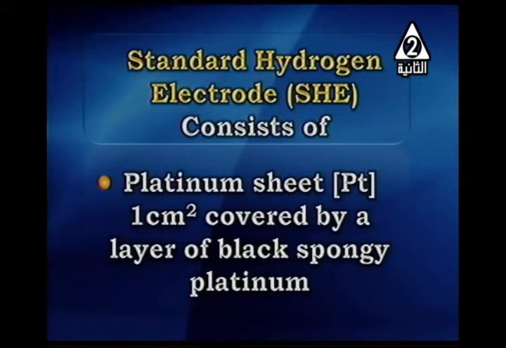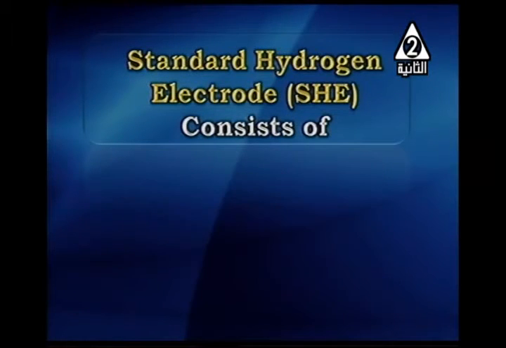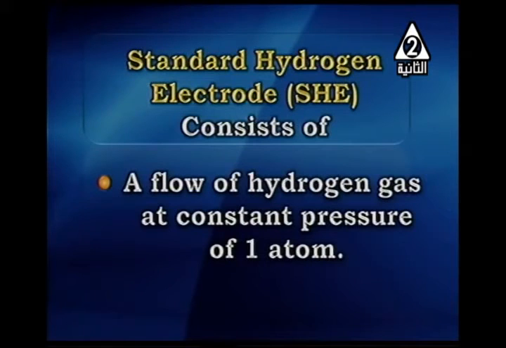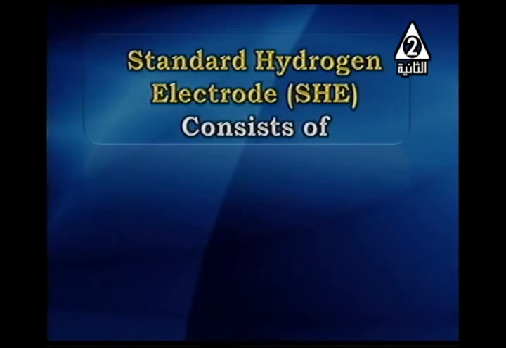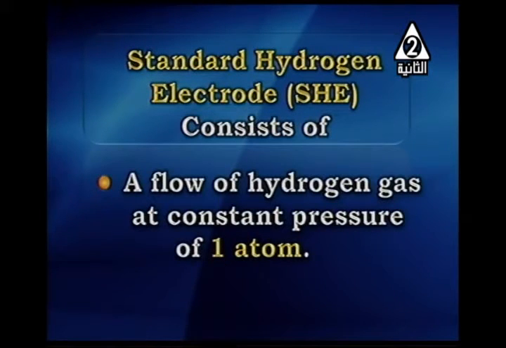To prevent the reaction between them. And after that, so here the flow of hydrogen gas at a constant pressure of 1 atmosphere. This is the second part of SHE or standard hydrogen electrode. So after that, a flow of hydrogen gas at a pressure of 1 atmosphere again.